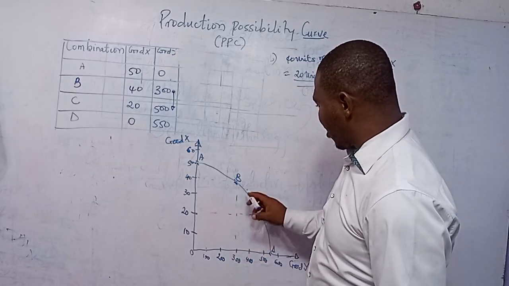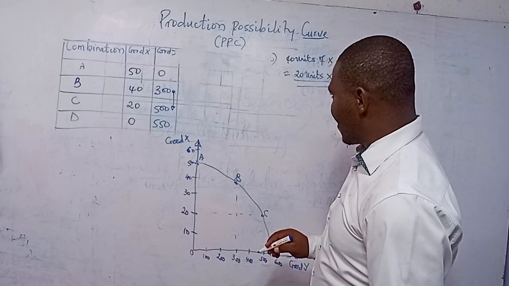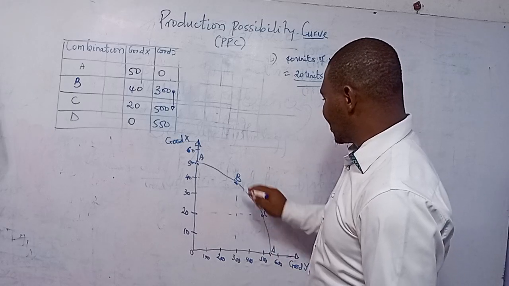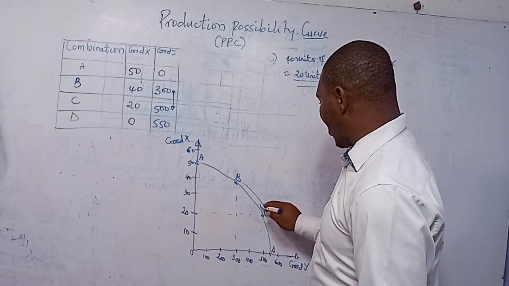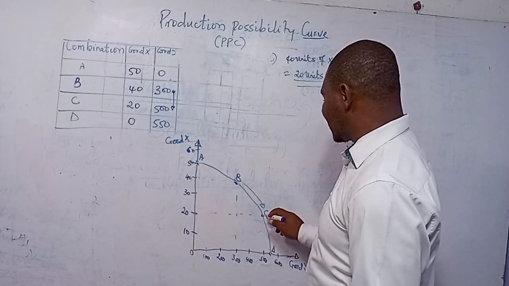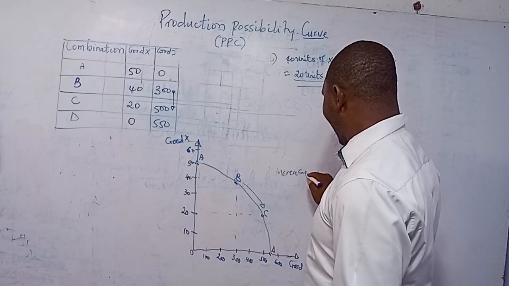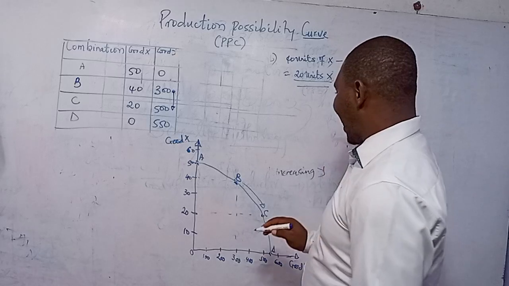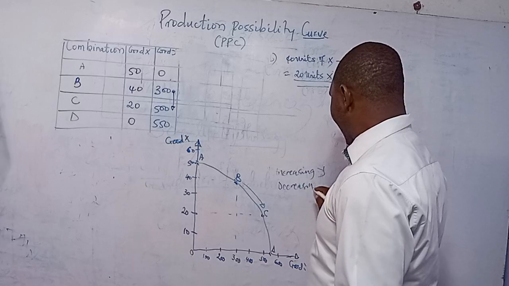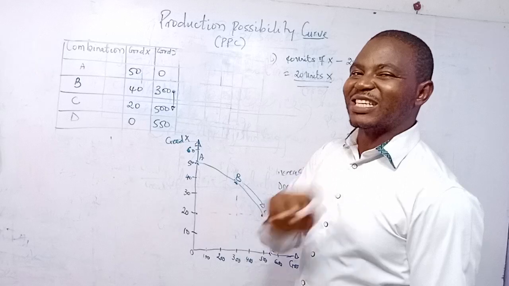If it's on the graph, it means you are moving. They can ask you what is the opportunity cost of moving from maybe point B to point C. Meaning that when you're moving from point B to C, you are increasing Y and decreasing X. So your opportunity cost should be the one you are decreasing.